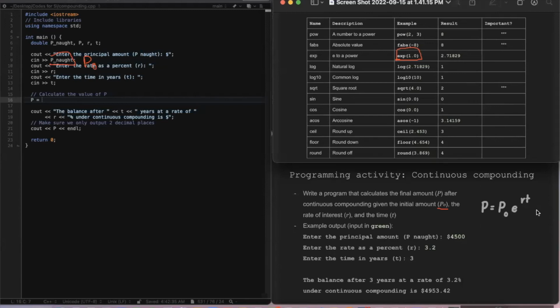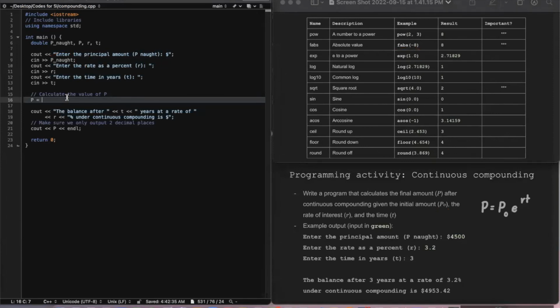We have our whole equation on one line, so it makes sense to go down the equation and type in those numbers. The first number I see is P naught. Then that's times, there's an implicit multiplication here, which works in math but does not work in C++. So we put in our star. Then for E to a power, let's look at our function table: EXP with parentheses.